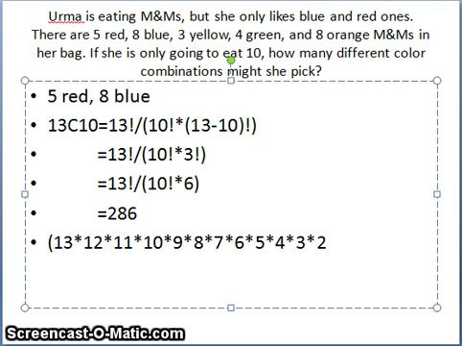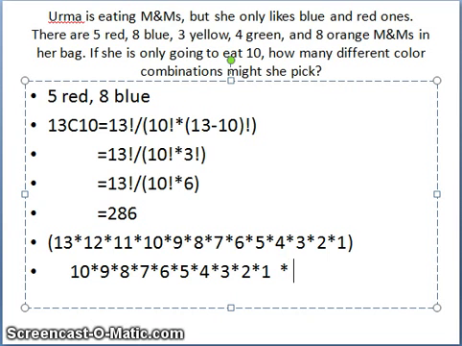And I'm going to say this would be all divided by 10 factorial, right? 10 times 9 times 8 times 7 times 6 times 5 times 4 times 3 times 2 times 1. And then also times 6, right? So here's just another way to do it if you wanted to do it without the calculator.